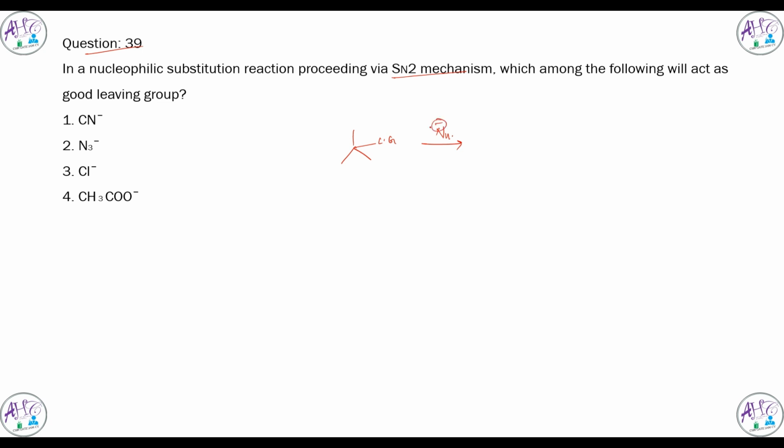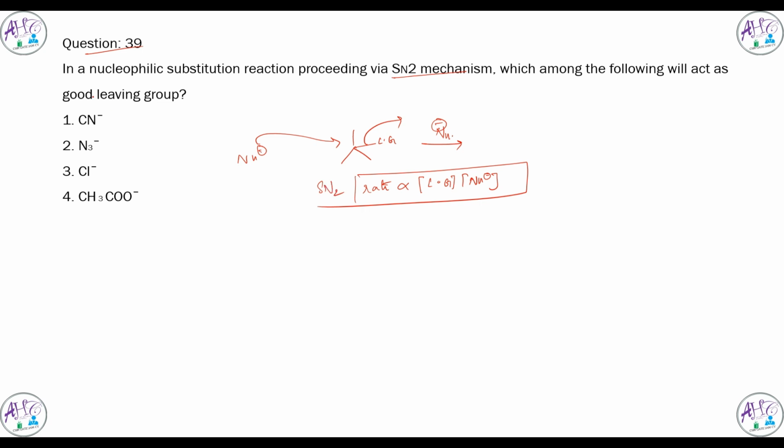In the SN2 mechanism, the nucleophile attacks from the other side, making the leaving group leave. The rate of the reaction is directly proportional to the leaving group ability and the nucleophilicity of the base. This is the rate equation for the SN2 mechanism.